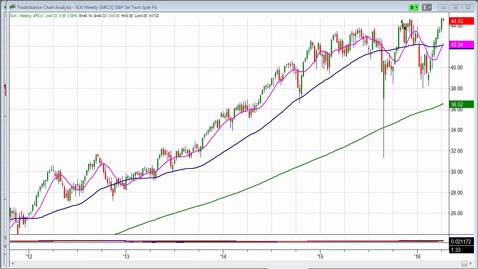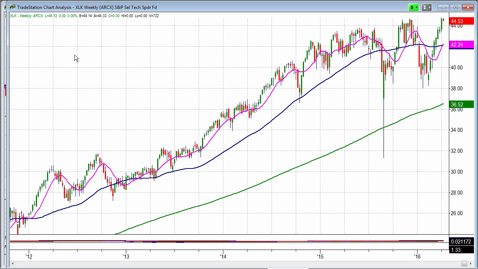So if the markets continue on their bull trend, if XLK continues to break out to the upside, you are going to want to pay attention to this. In fact, even if the market pulls back, these strong groups are the ones you want to look at for a pullback to buy.